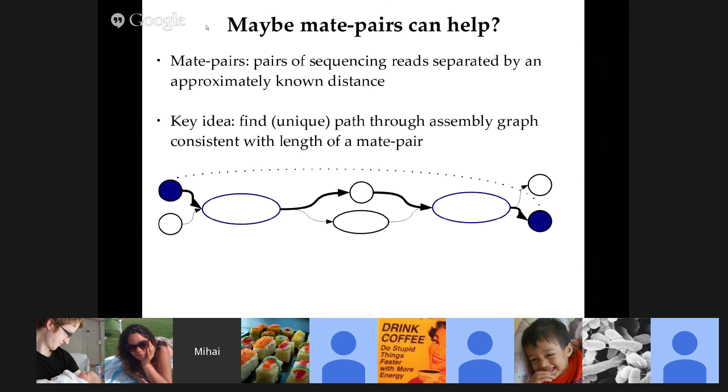One thing that keeps coming up, and people have been asking me about this when I've been giving talks like this, is, well, can mate pairs help? Because we can generate sequencing data that provides additional information than just what's contained in the reads.